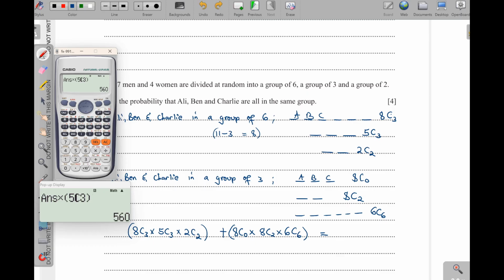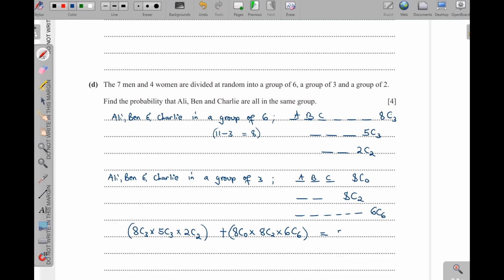Actually, 5 combination 3 is a 10, 2 combination 2 is a 1, so that is 560. Then plus, what is here? 8 combination 2, that is the only computation we have here, because this one is a 1 and this one is a 1. So 8 combination 2 is the same as 8 times 7, that is 56, not so? Then divide by 2, that will be 28.